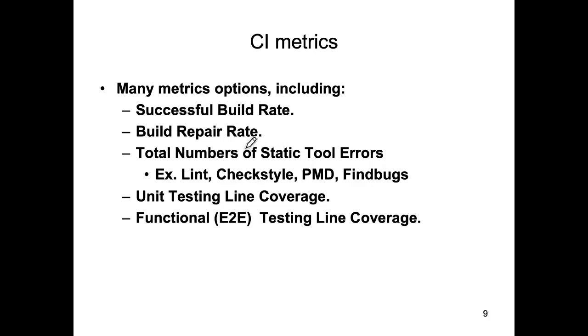So the volume of errors or deficiencies that a linting tool might find in your source code before it builds it might be a valuable metric to keep an eye on. There are also metrics associated with testing, which I didn't mention, even though we've done a lot of automated testing. Like, how do we know our tests are good or not? So there's this notion of line coverage that is a very valuable metric. Maybe I'll talk about it at some other stage with you.